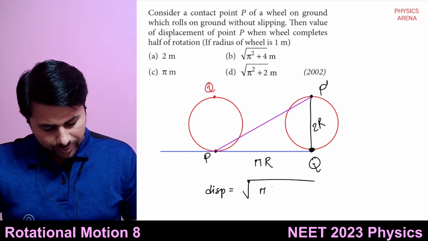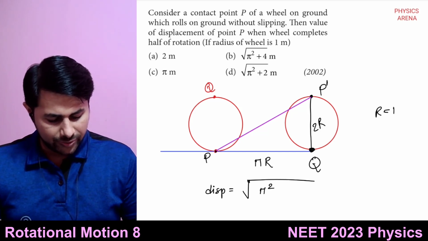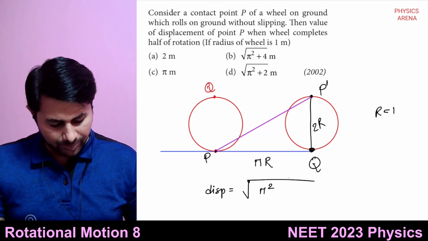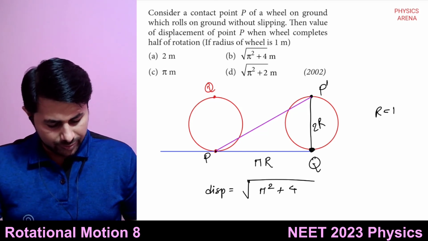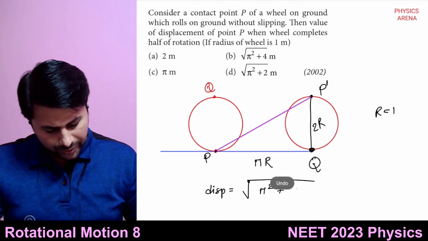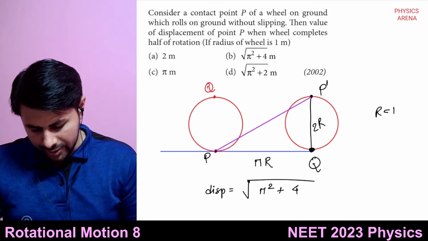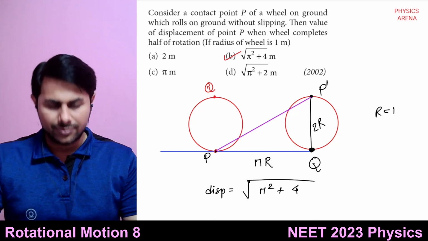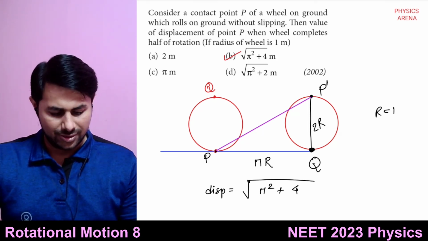So it is the square root of pi squared plus 2 squared, that is 4. Okay, so this is the answer. Option B is the answer. Right, very good, Riti. So option B.